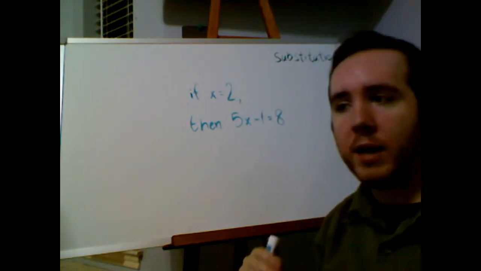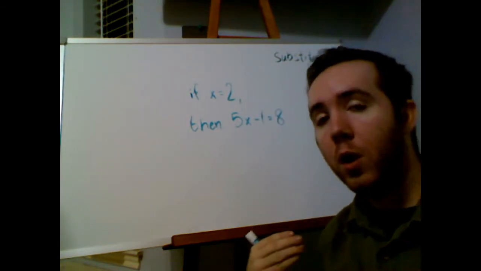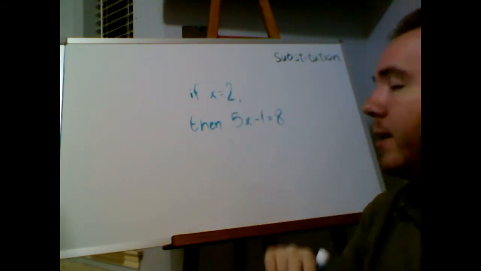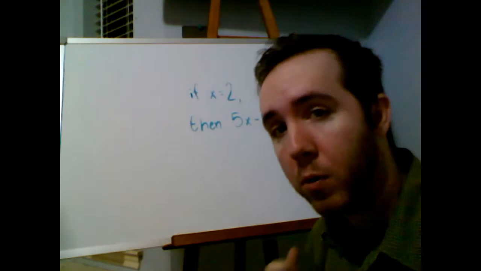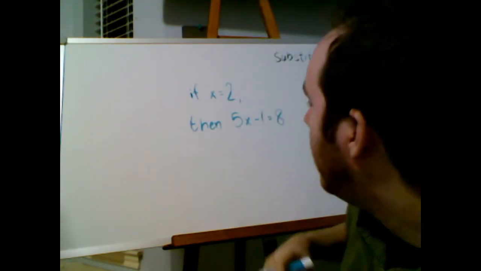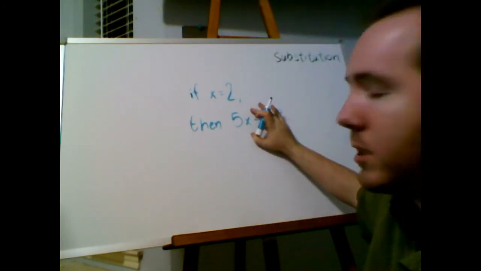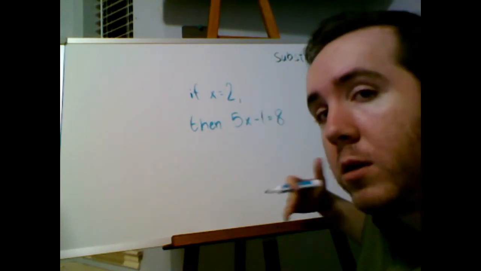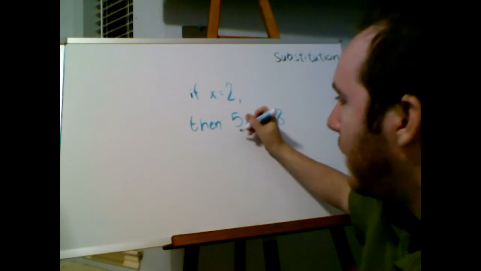So this question asks if this equation is true or false. So we're going to substitute 2 in and see if this is true or false. Some value of x here will make this true. We don't know if it's 2 yet. We'll only know by plugging in.